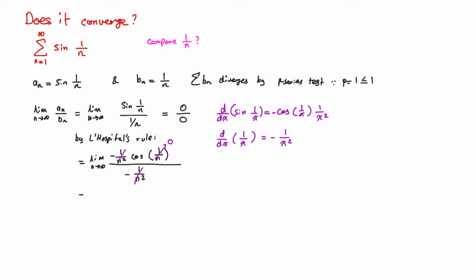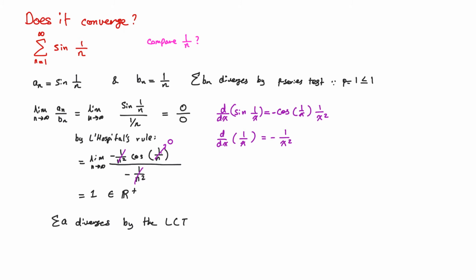And therefore cos of 0 is equal to 1. And we know that 1 is not 0. It's a positive real number. And because of this, series A also diverges by the limit comparison test.